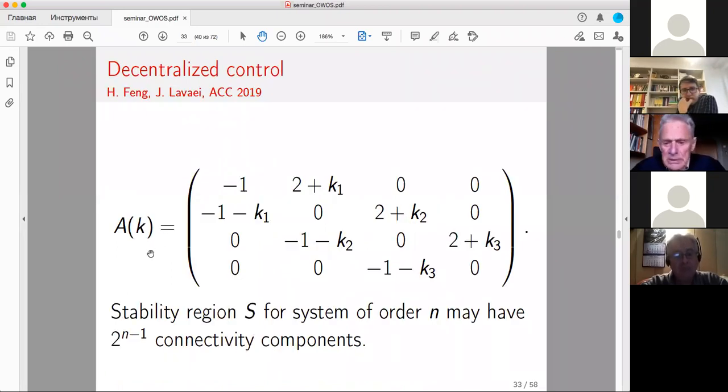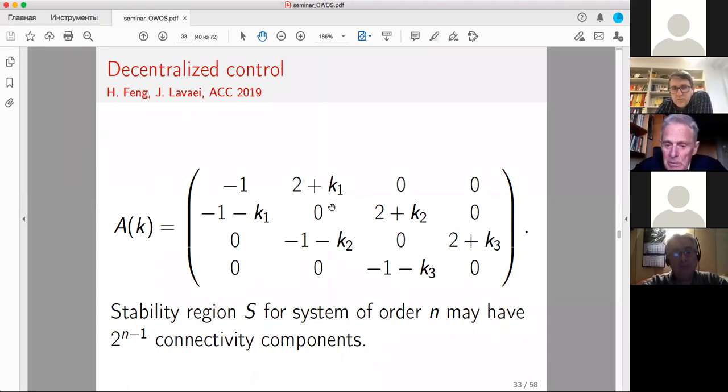And here is an example of decentralized control. It's a very interesting example by Feng and Lavaei. Here is a 4 by 4 matrix, but a similar example can be organized for an n by n matrix.